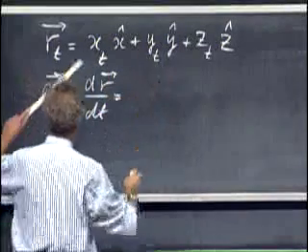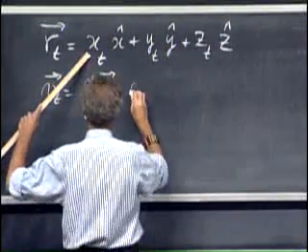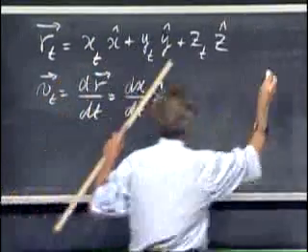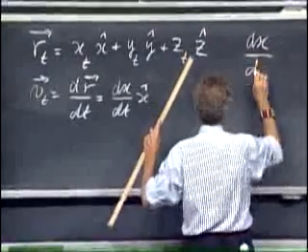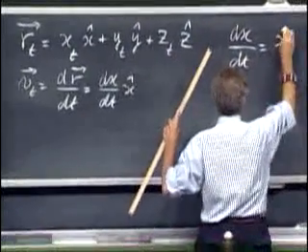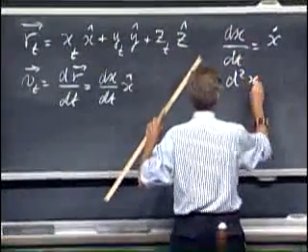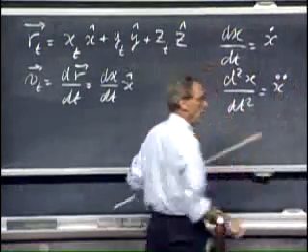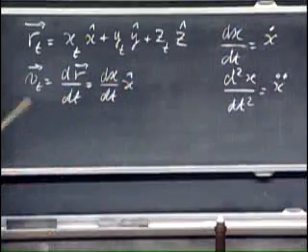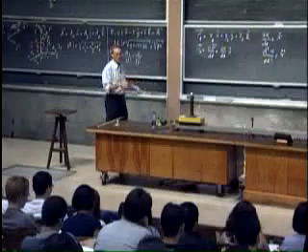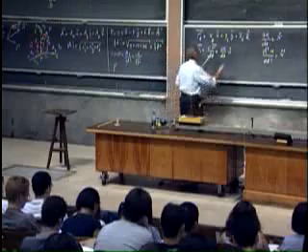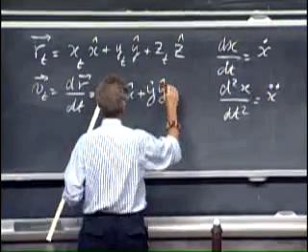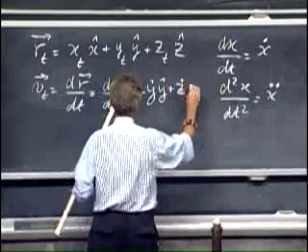So there we go. First the derivative of this one, which is dx/dt x roof. I'm going to write for dx/dt x dot, because I'm lazy, and I'm going to write for d²x/dt² x double dot. It's often done, but not in your book. But it's a notation that I will often use, because otherwise the equations look so clumsy. Plus y dot times y roof plus z dot times z roof.